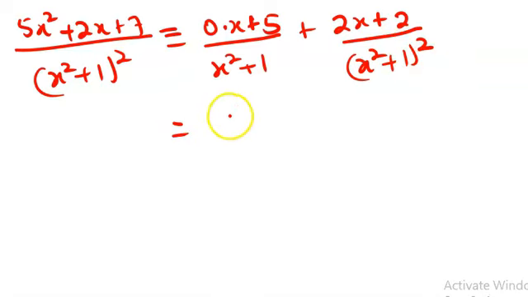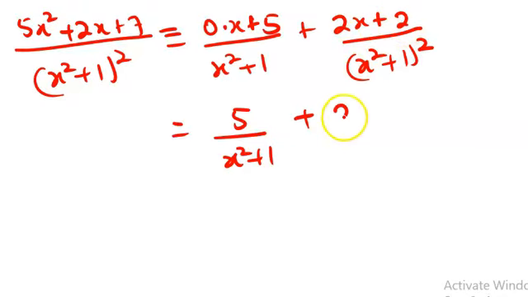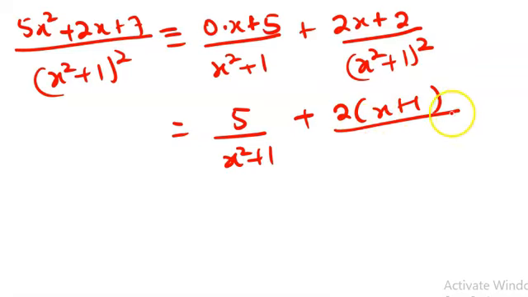So let's simplify. This goes to 0. So we have 5 over x squared plus 1 plus, now this is 2 and 2, we can bring 2 out, we have 2 times (x plus 1) over x squared plus 1 all squared.